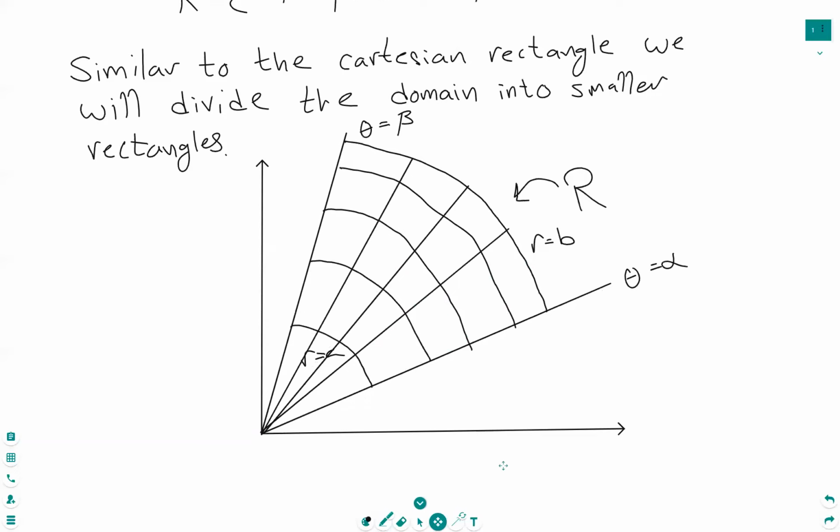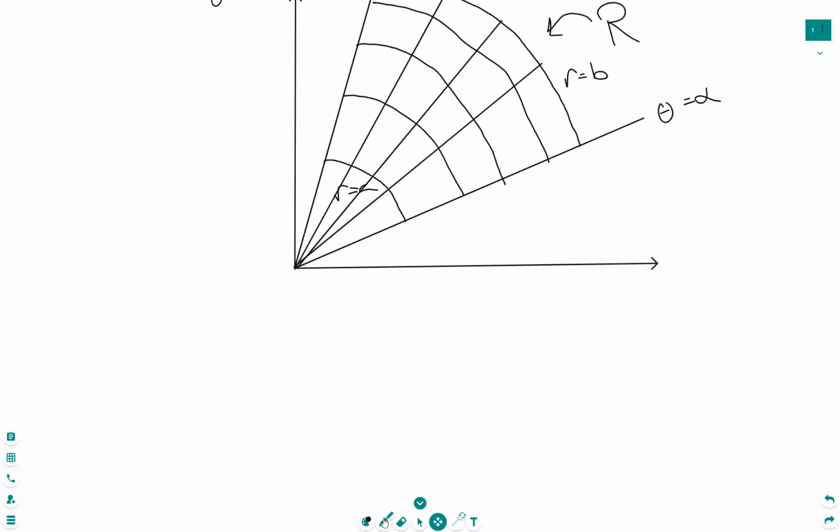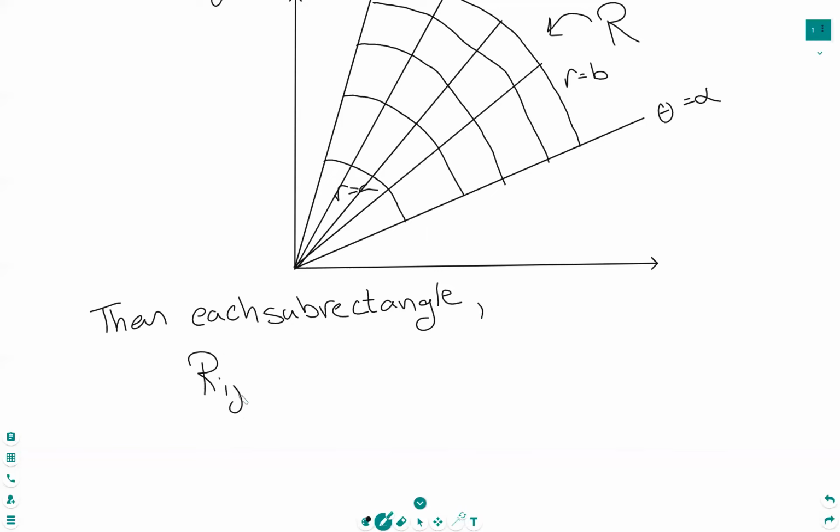So these are subrectangles in the sense, right? These are just polar rectangles. Then each subrectangle we'll call Rij.